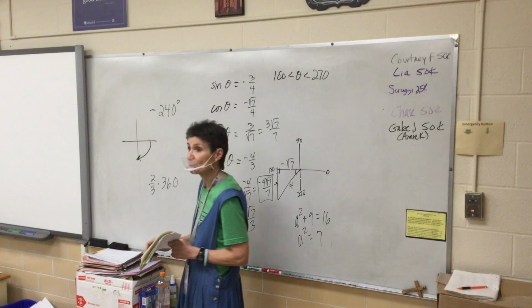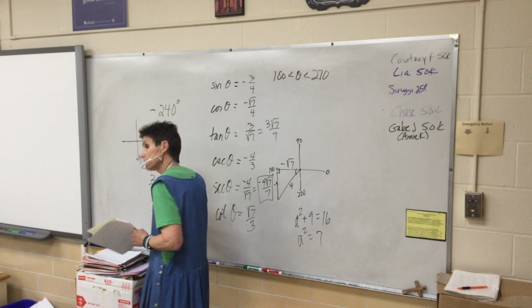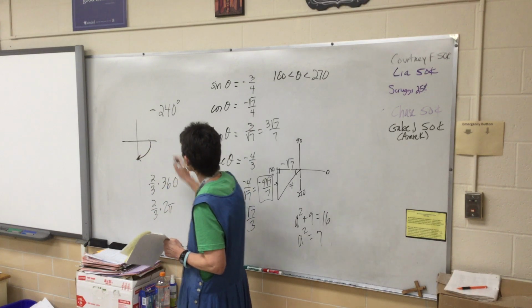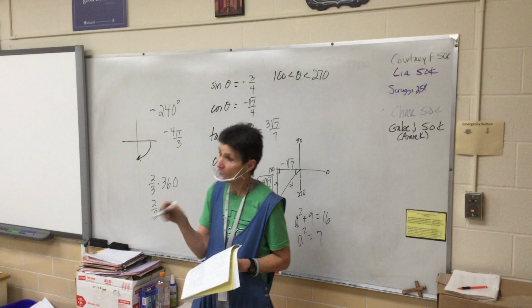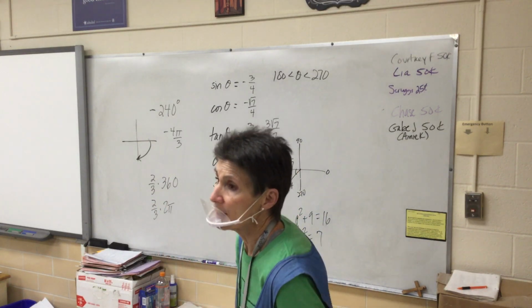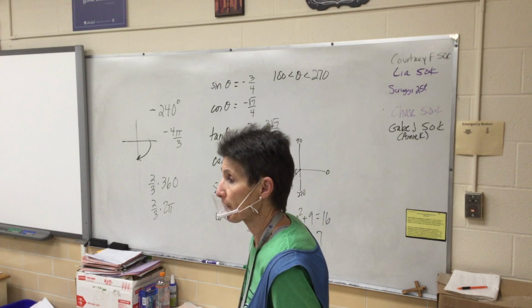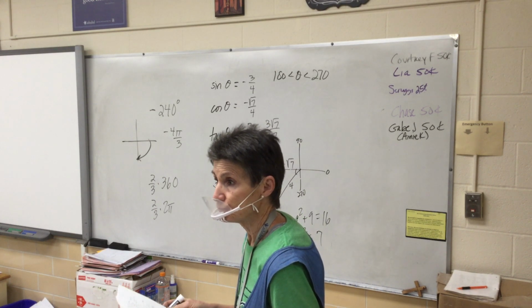Now, if I'm doing it in radians, then it'll be 2/3 of 2 pi, which is 4 pi over 3. Now, it's still negative because the clockwise part tells you you're going down, so negative. Okay? All right, who else?